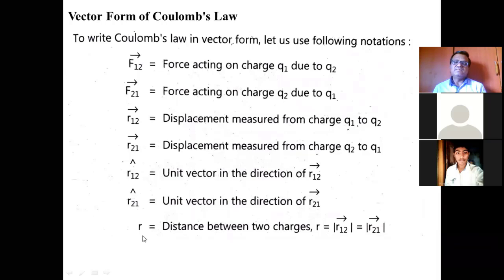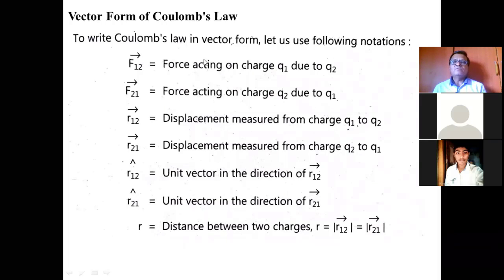And R is the distance between the two charges, that is the magnitude of displacement: R is equal to the magnitude of R12 bar, or equal to the magnitude of R21 bar. These notations we have to use if we want to convert Coulomb's law into vector form.